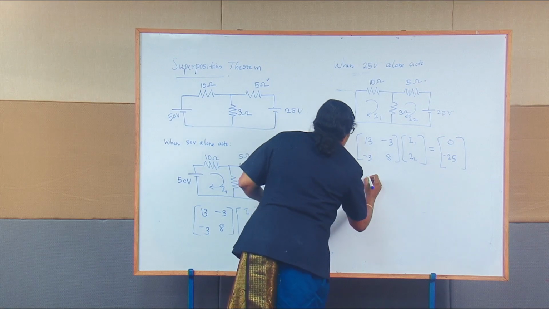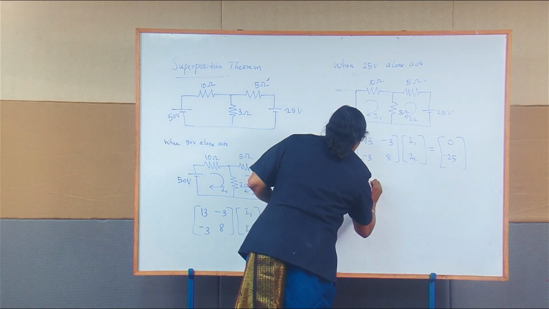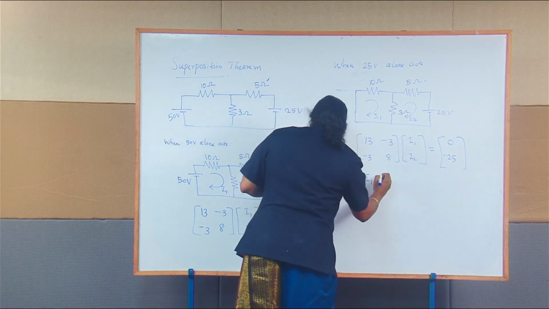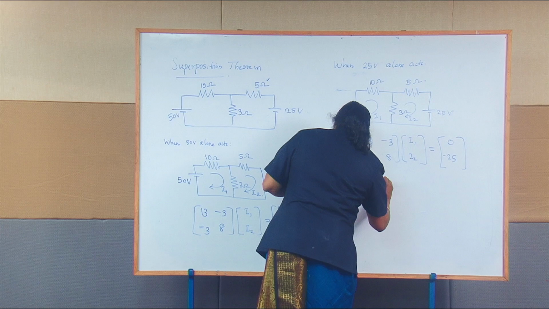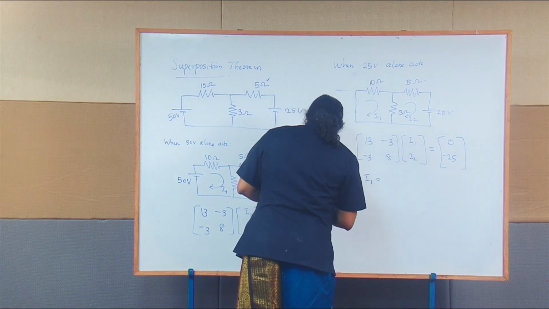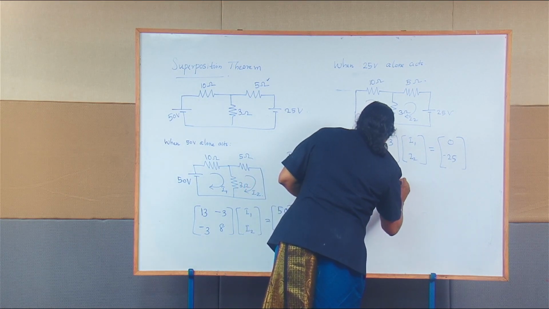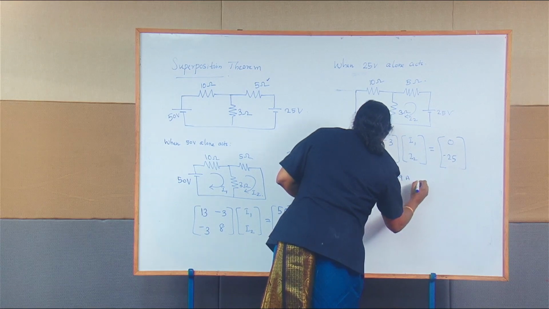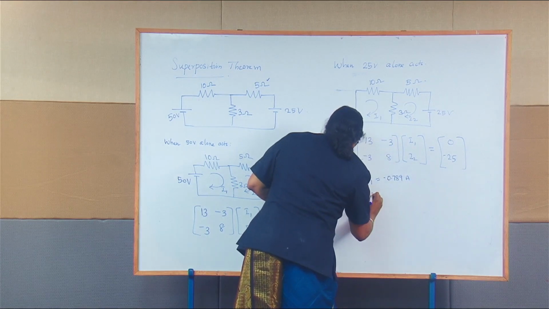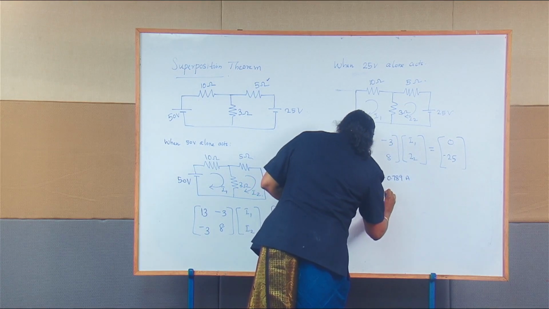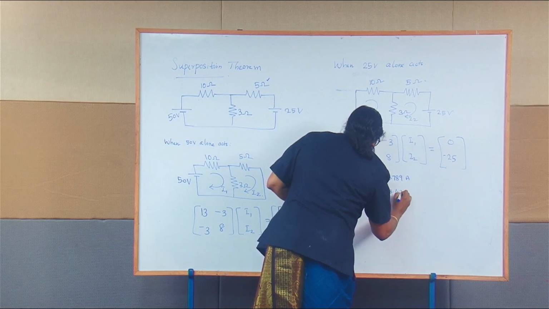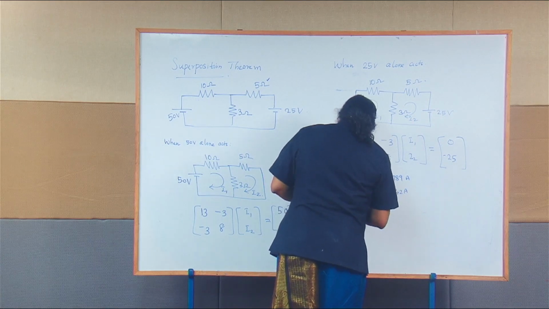So in this condition, if you find the values for I1 and I2, I1 you will get as 0.789 amps, and I2 we will get as minus 3.42 amperes.